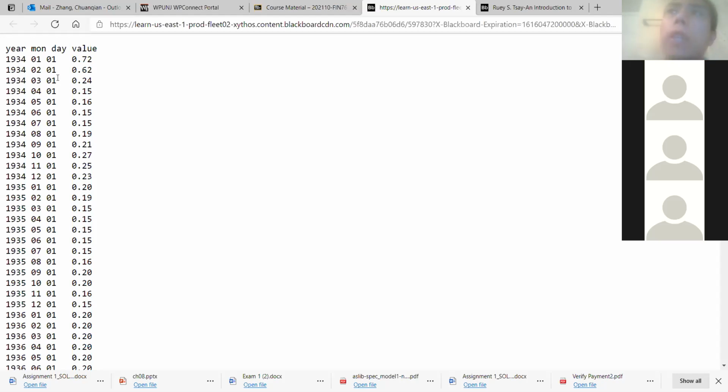So it is always a good habit to decompose the original calendar date into year, month, and day, each of them simply numerical. Then you will find such data is very clean. You will not worry about any special calendar date requirements or formats when you are coding, because each unit is represented by a simple number. For example, if my boss wants the data for 1934, you just pin down the rows with 1934 in the first column.